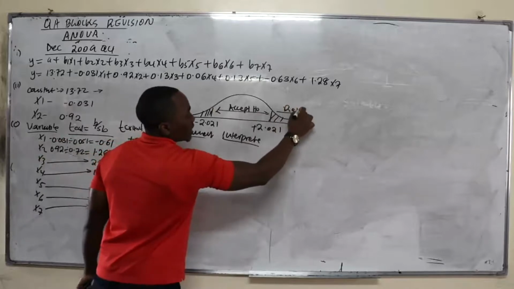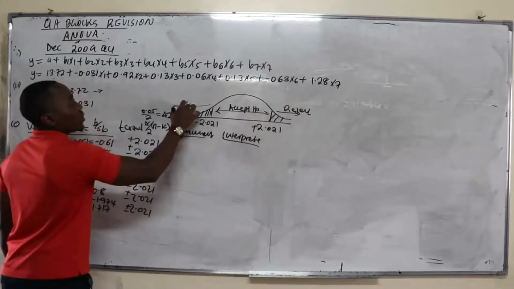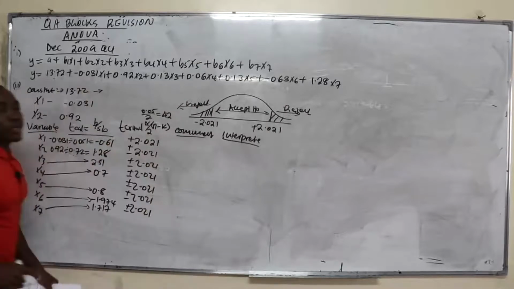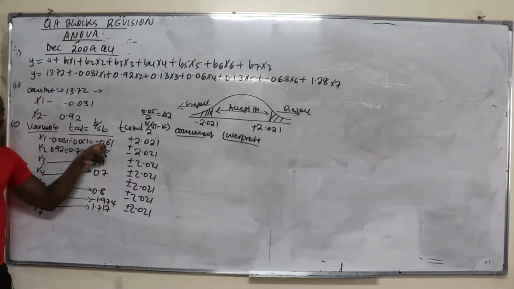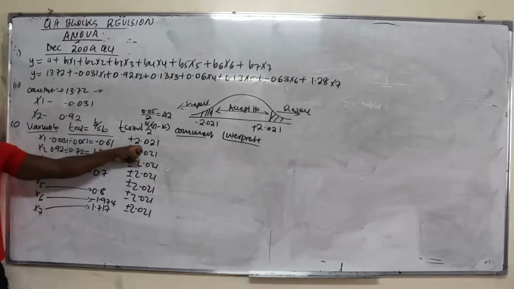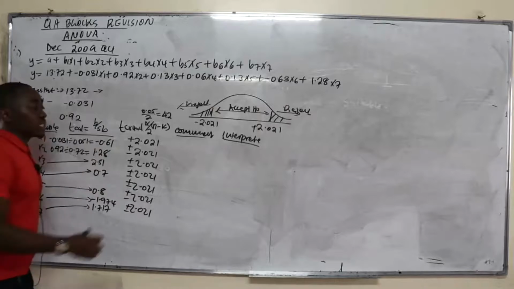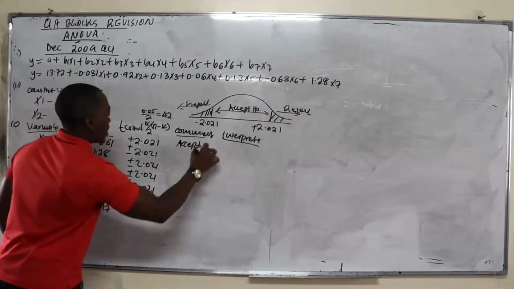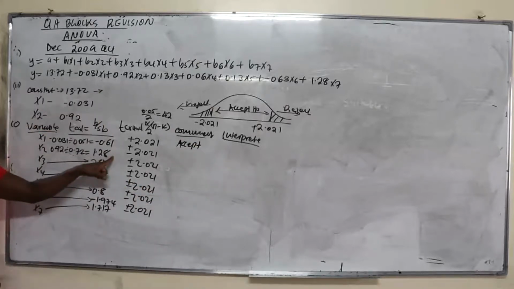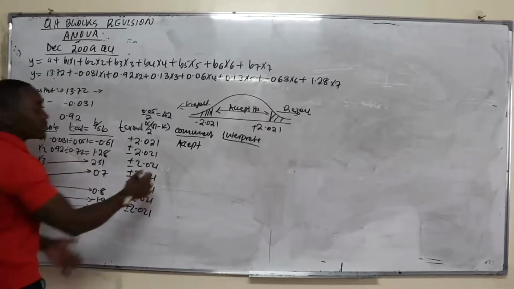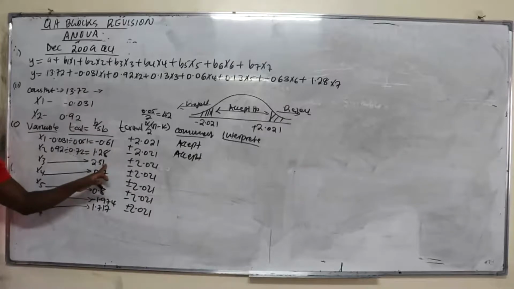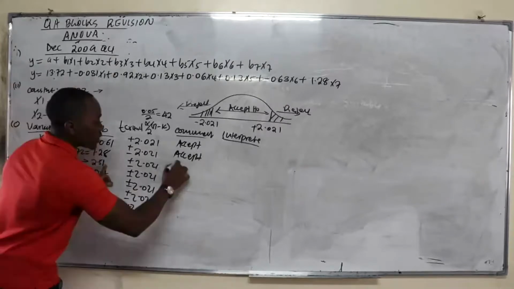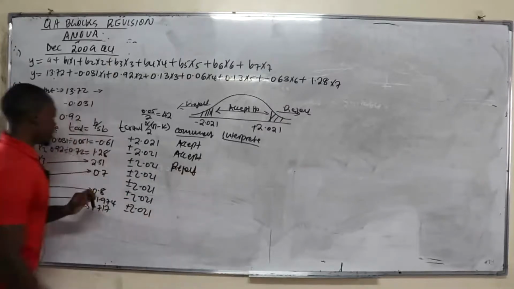If outside, you reject. Negative 0.61: does it fall in between or outside the acceptance region? In between. You accept. 1.28, in between. So you accept. 2.51, outside. We reject.